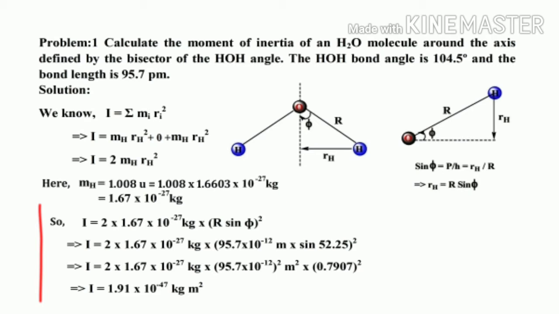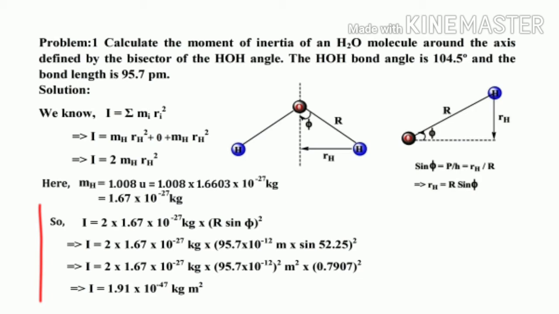So this implies I is equal to 2 into 1.67 into 10 to the power minus 27 into (95.7 into 10 to the power minus 12 meter) whole squared.